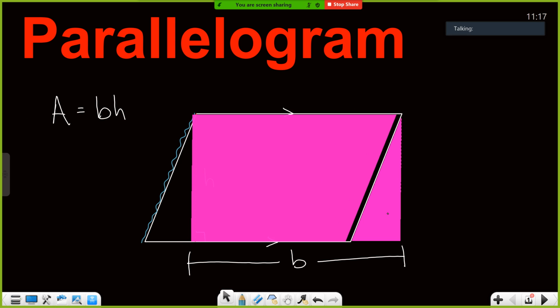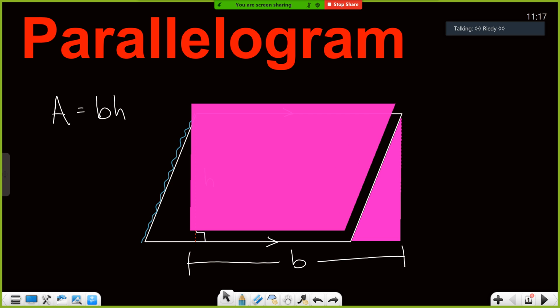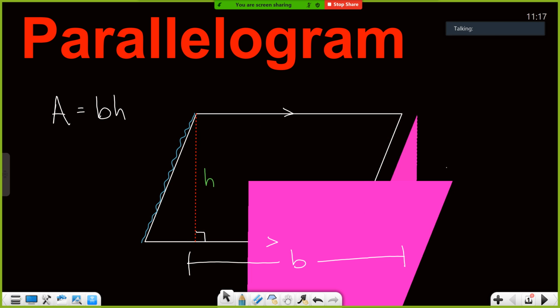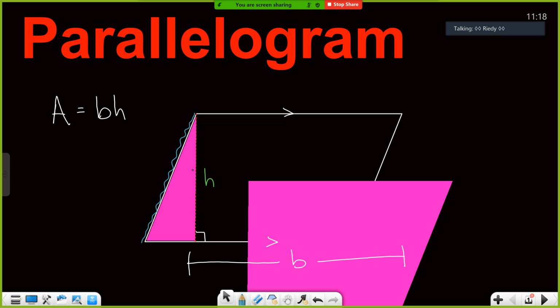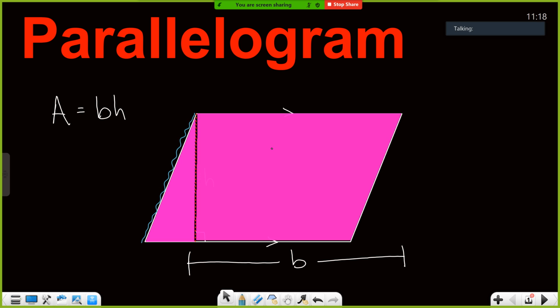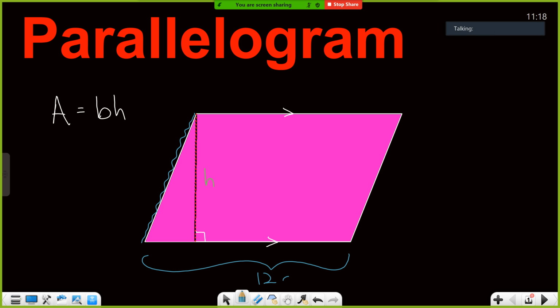Let's put this there, and put that back. And let's erase all this. And let's go, this is 12 centimeters.